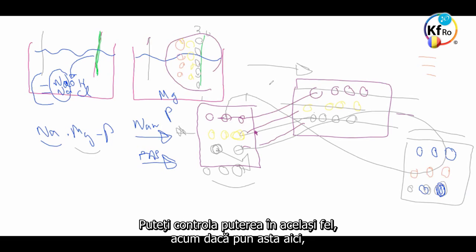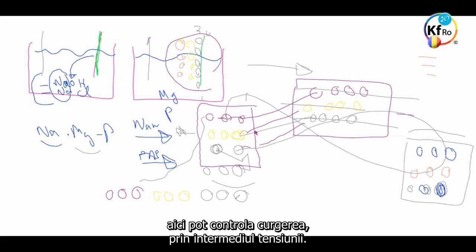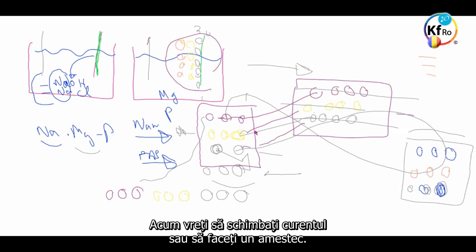You can control power the same way. Now, if I put this here, and I put this here, the same pieces of the wires which you have nano-coated. Now, here, I could control the flow in a voltage way. Now, you want to change the current, or you want to make a composition of it.